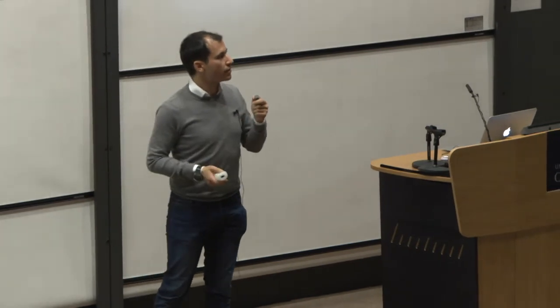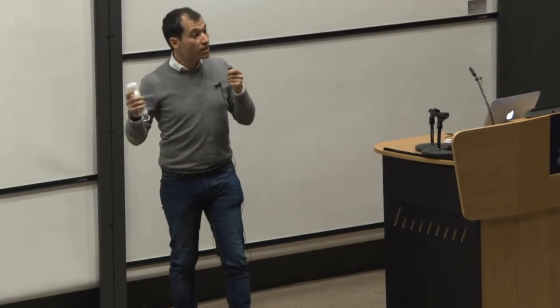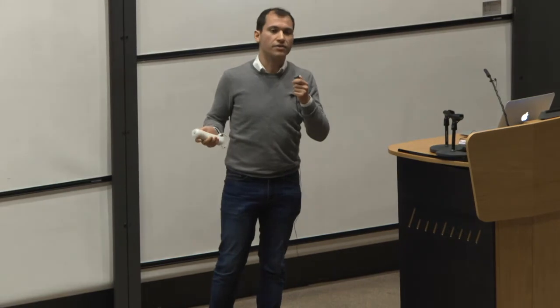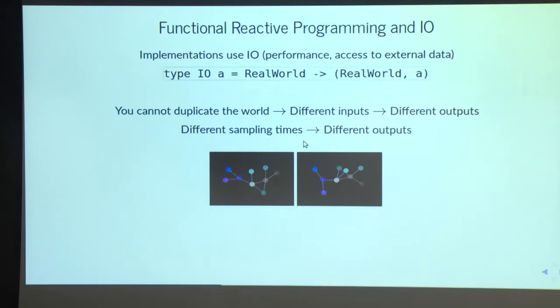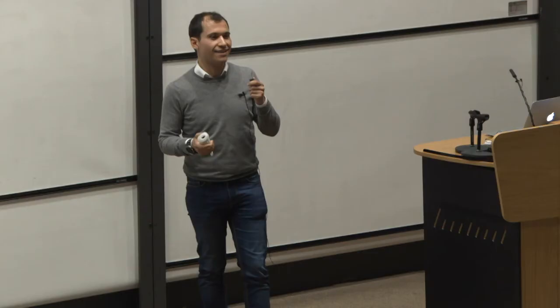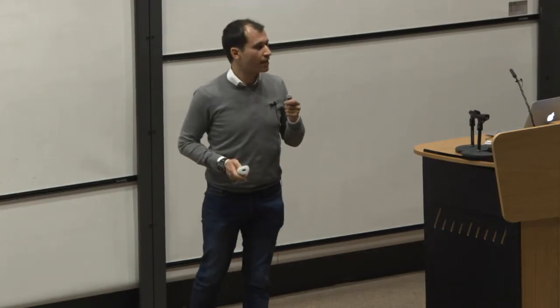Even though there's no randomness, there's no user interaction, they don't stabilize because they're too dependent on floating point calculations. And the moment that the time deltas are not fixed, this converges to different equilibriums. So you need somehow to avoid I/O, even though what you're doing is essentially I/O.